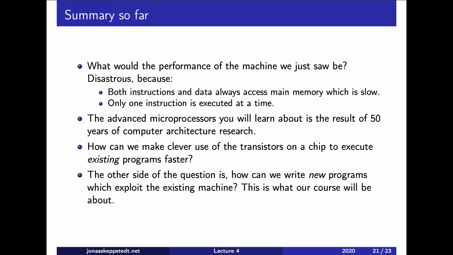So it's a disaster. And another problem is that we only execute one instruction at a time. Your phone, I mean any phone which is, say, newer than 10 years old, executes many instructions at the same time. And they do that in a very clever way.